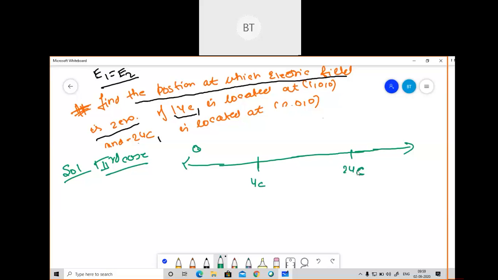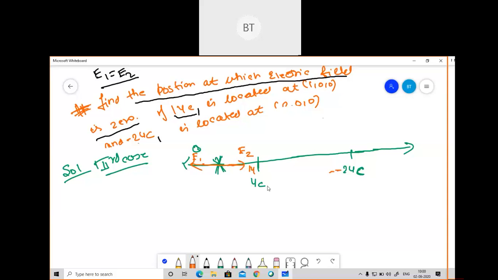So see, now in this case, if you are putting the point here, E1 will go away because this is 1 microcoulomb. So I'll put here E1, and because of the -2 microcoulomb, E2 will come towards it. So I will make E2 here. So this will be our E2, this will be our E1.